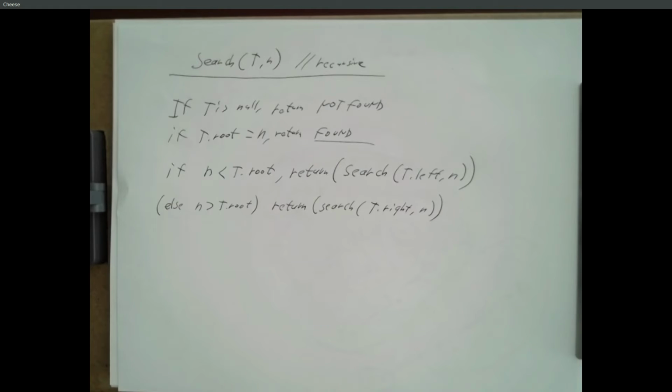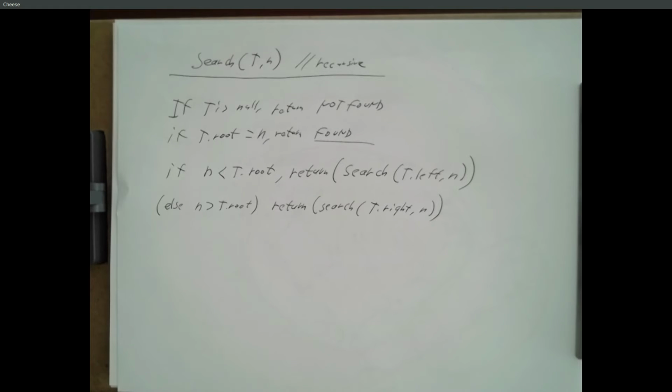So there's a recursive version. And there's no looping. I don't need a while loop. I don't need an exit condition on my while loop. I don't need a temporary variable. Right? I have 3 things I'm going to do. Either say it's not found because there's nothing in the tree, that's easy. Or say it's found because it's equal to the root, which is just one if statement.